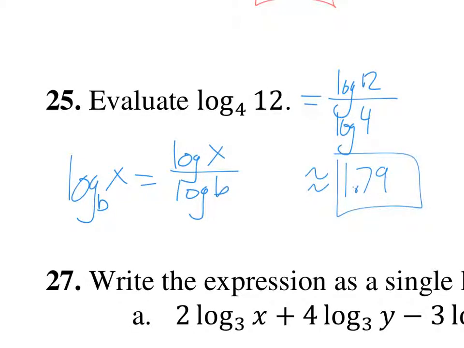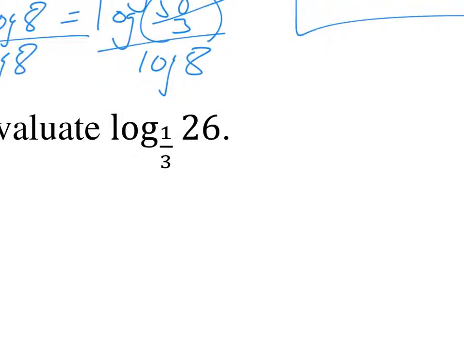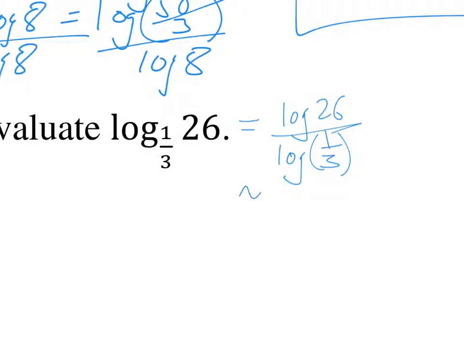Okay, make sure you know that formula for the test. Same thing here, even though we got a fraction, we're going to have log of 26 over log of 1/3. And using our calculator, we get about negative 2.97.